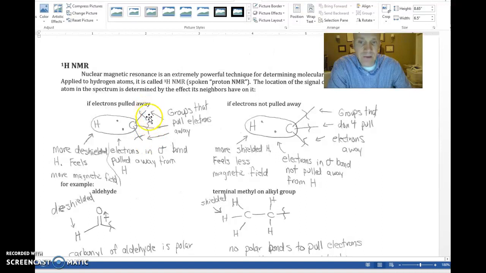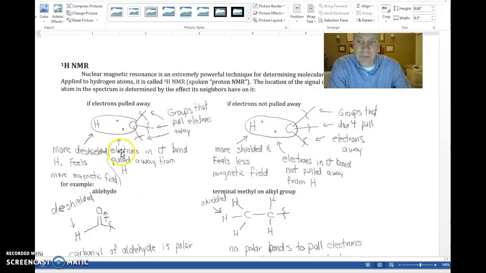The thing is that these other groups attached to this carbon can either pull electrons away from that carbon, or they won't. If electrons are pulled away from this carbon, that's going to tend to take the electrons in this bond and pull them more towards the carbon.